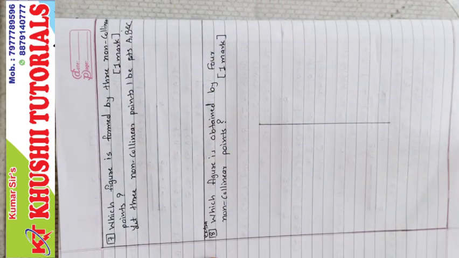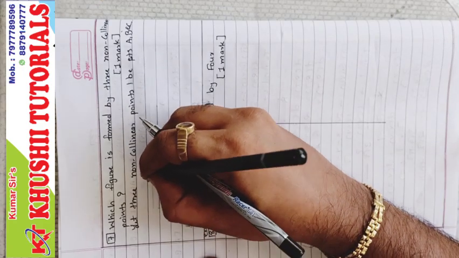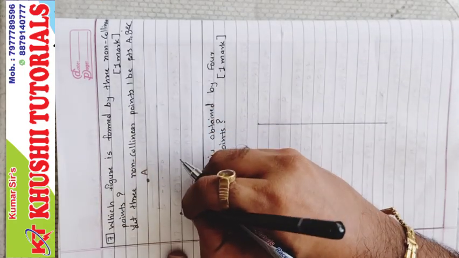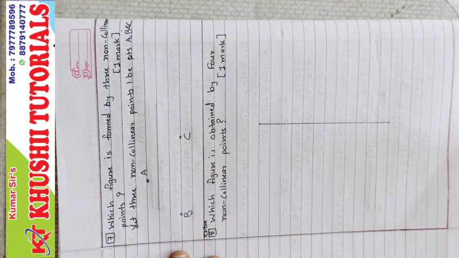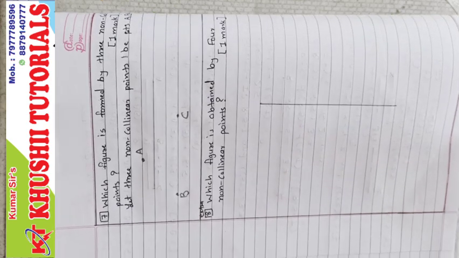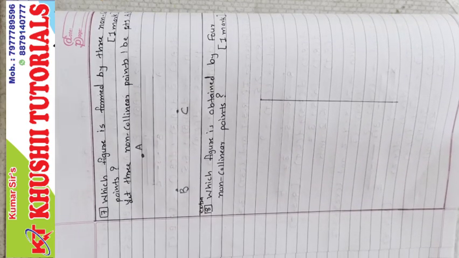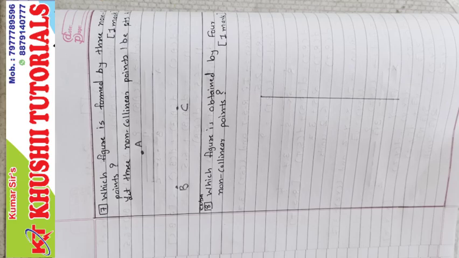Now we will draw 3 points. So one A, B and C. These are non-collinear points. Now we need to draw a figure.